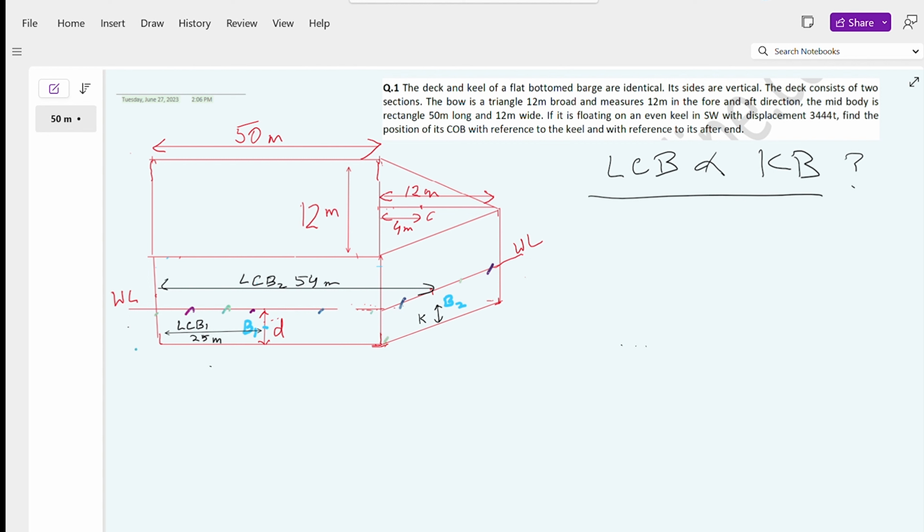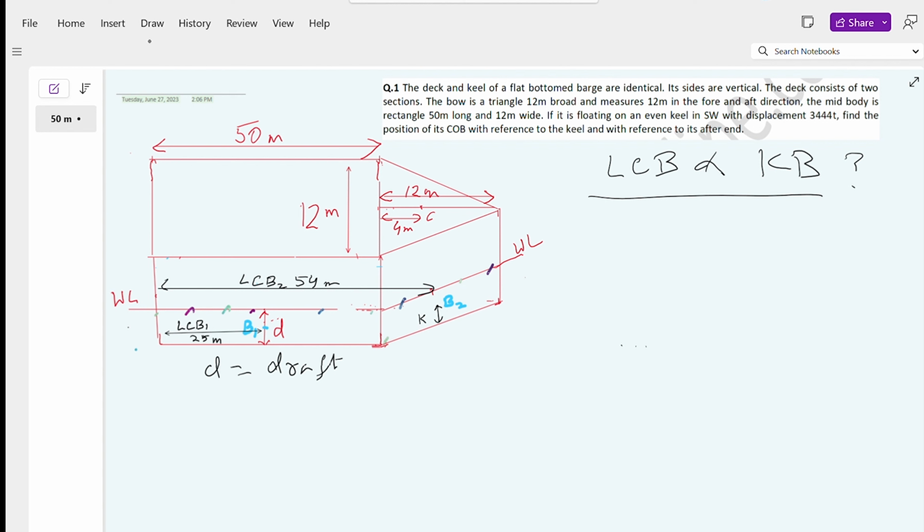So D denotes draft, and I have marked B1 and B2. B1 is the center of buoyancy of the underwater volume which is below the rectangular section.